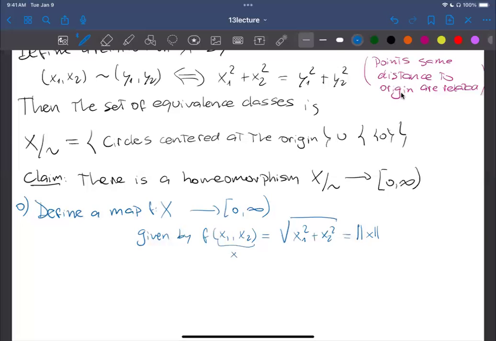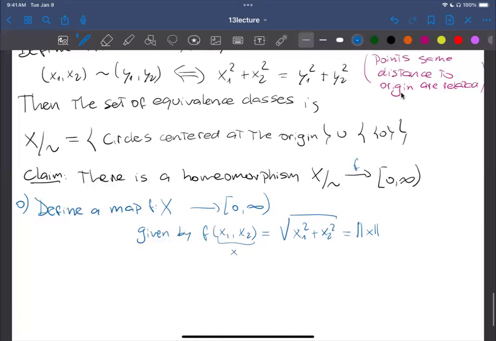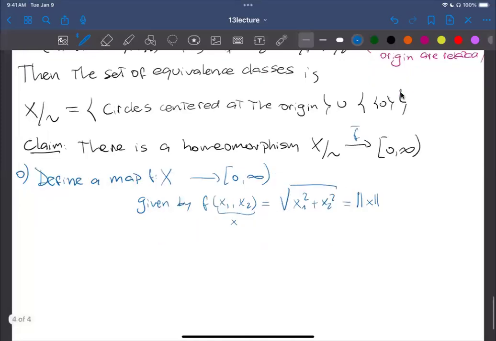Okay. That's our map. And now I want to claim that this map is going to give us the homeomorphism that we're trying to find. It's going to be F tilde, F bar. So here's how we need to argue this. Notice the following. First thing, I want to prove that F descends to the quotient.